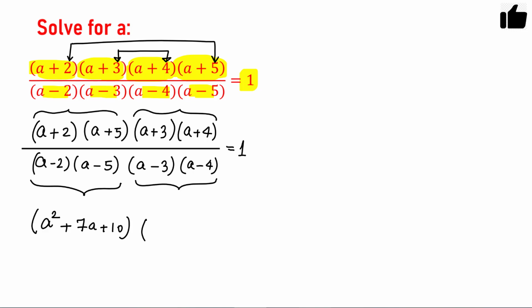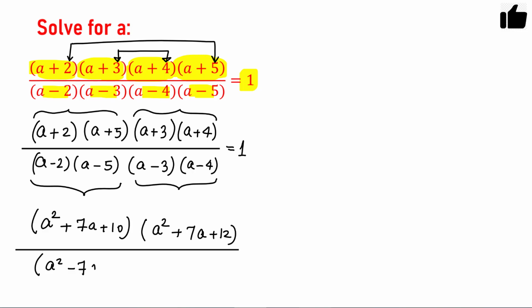Similarly, here you have a square plus 7a plus 12. This is divided by, here you will have a square minus 7a plus 10, because minus minus becomes plus. So this is a square minus 7a plus 12, and this is equal to 1.